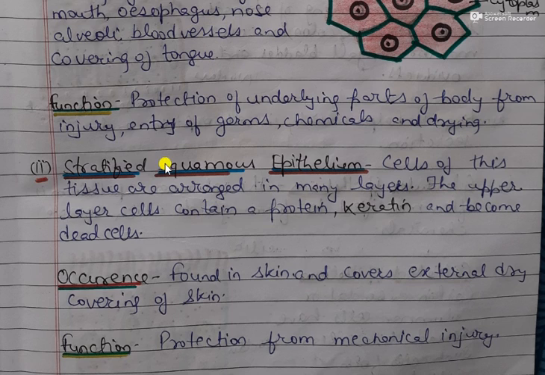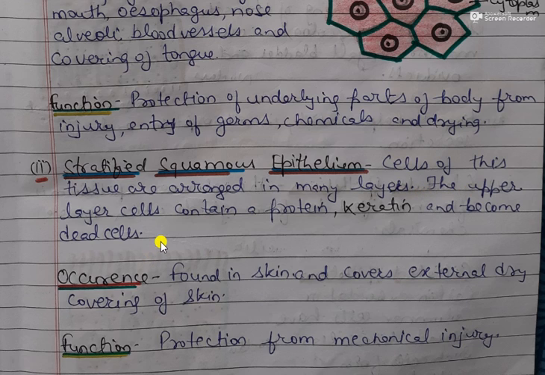Now the next one is the stratified squamous epithelium. We know that when the cells of the epithelial tissue are arranged in the form of layers, then the epithelial tissue will be called stratified. And if it is just a single layer of cells, then it will be called simple epithelial tissue. So the cells of this tissue are arranged in many layers.